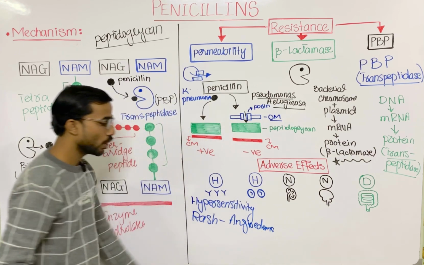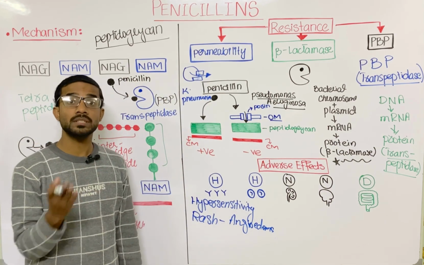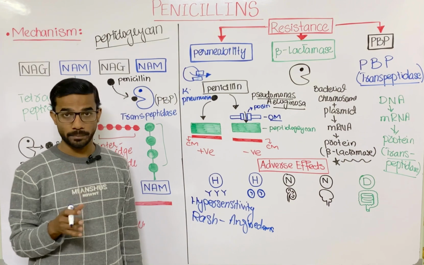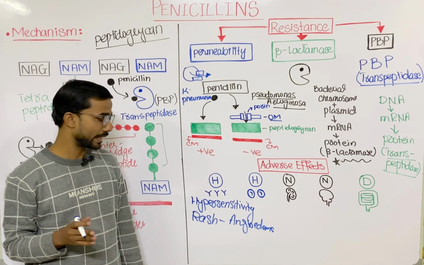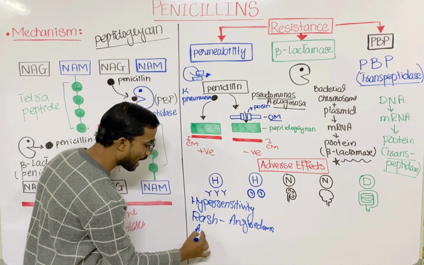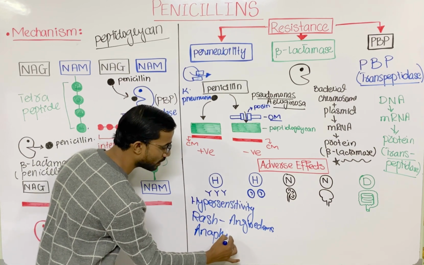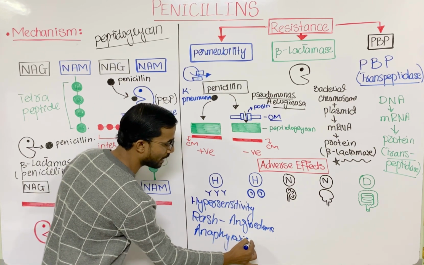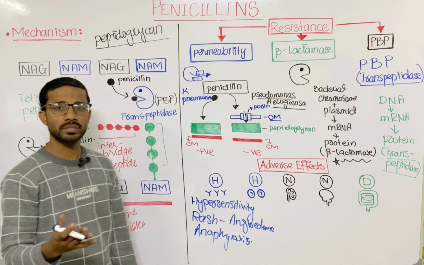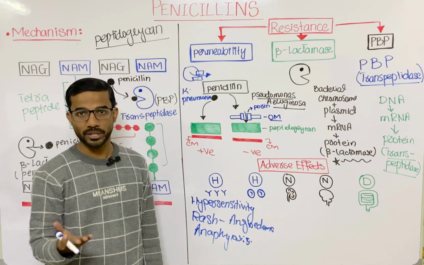In that case, you will see swelling of the lips, tongue, and swelling around the eye, periorbital swelling. You can also see an anaphylaxis reaction, and that mostly happens in 10% of patients.